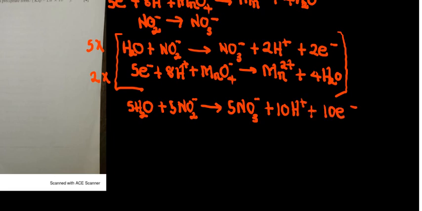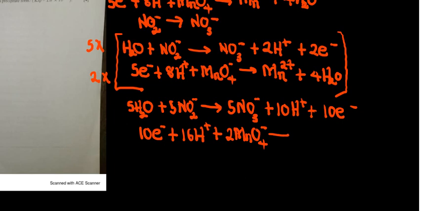On the bottom part, we're going to have 2 times 5, we're going to have a 10 plus 2 times 8, we're going to have 16 H plus the 2 MnO4. Remember, we still have that there, and then the 2 will also affect the manganese there on the product, plus the 2 by the 4 here, we're going to have 8 molecules of water.